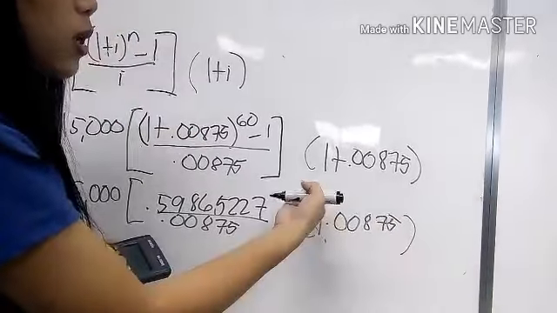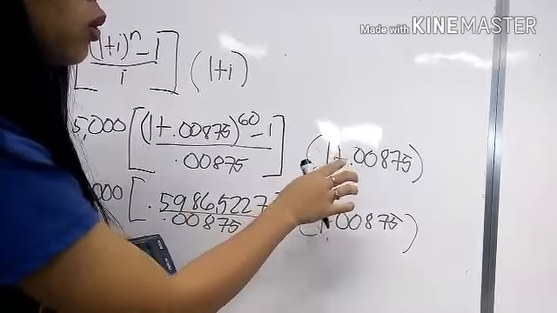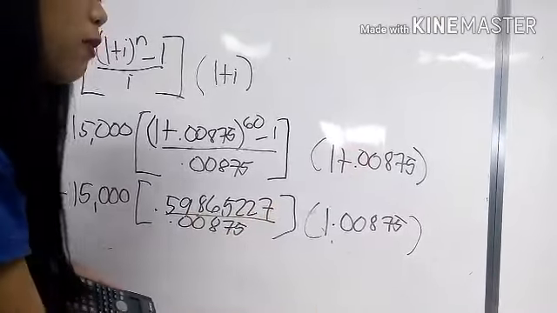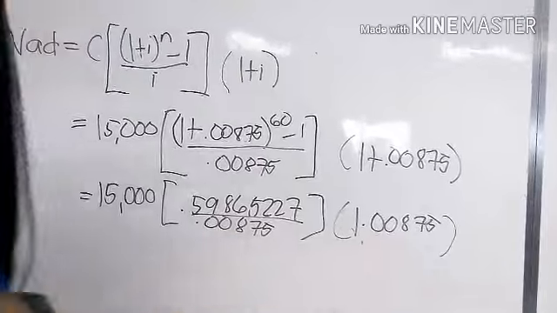It is 1.00875 because you just have to add 1 to 0.00875 to have this.